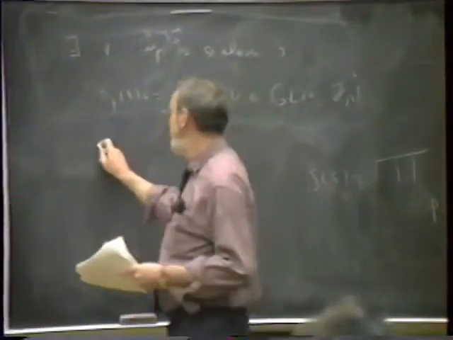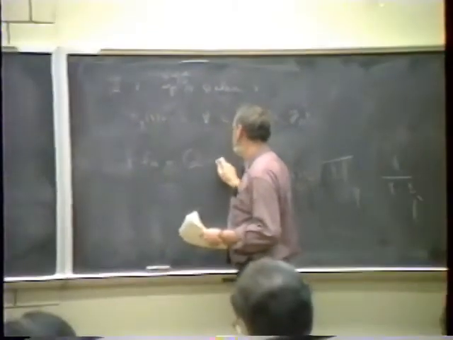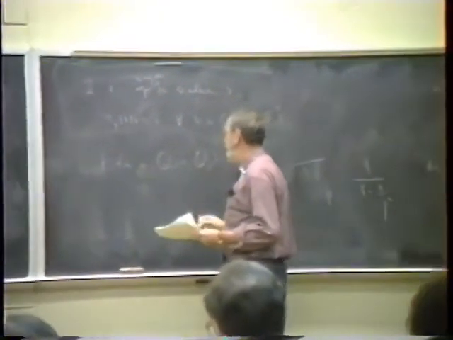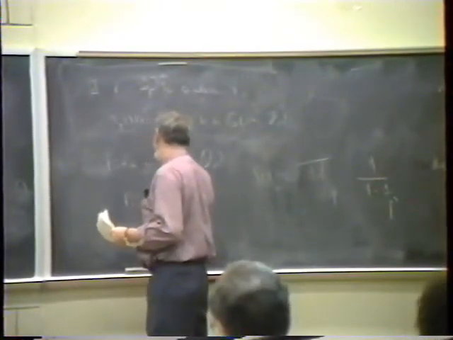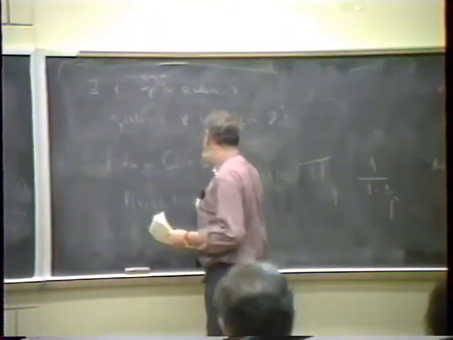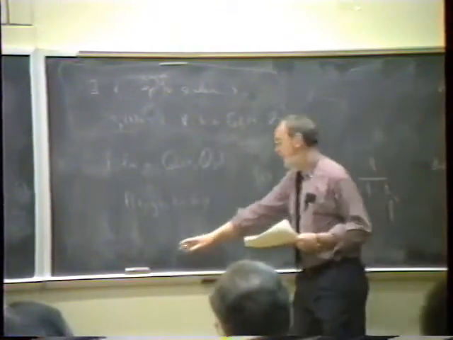Now what do I do? Then I take a function f. F is a function on this group, and I suppose that f of k1 g k2 is equal to f of g whenever k1 and k2 are in this group.